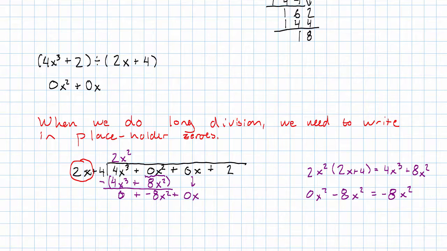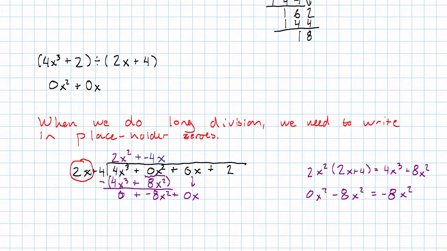Divide, looking only at the first terms. 2x goes into negative 8x squared. Well, negative 8 divided by 2 is negative 4. X squared divided by x is x.